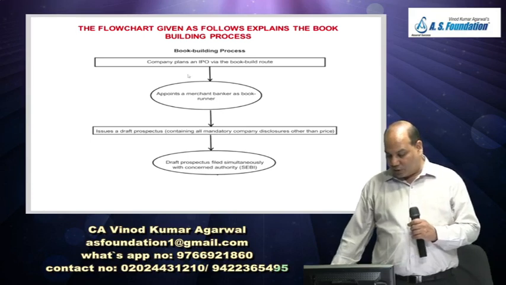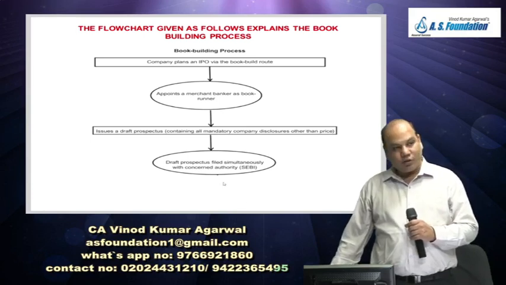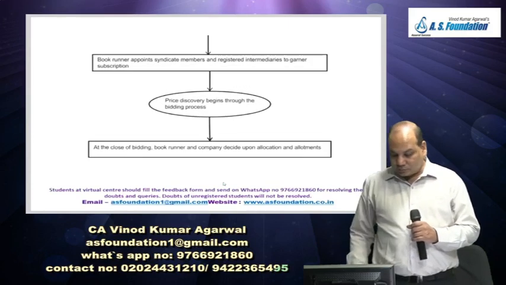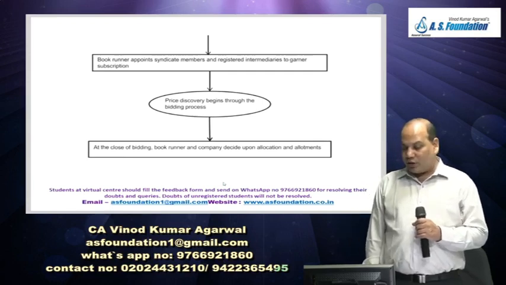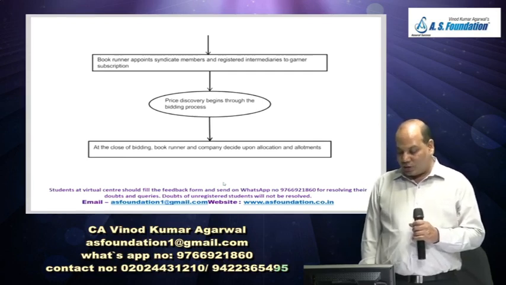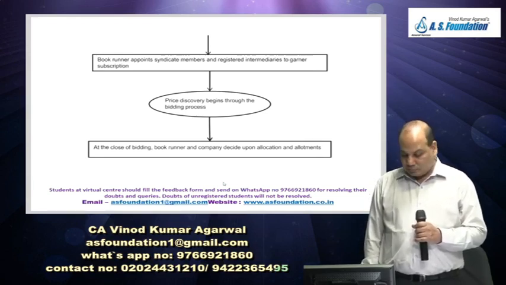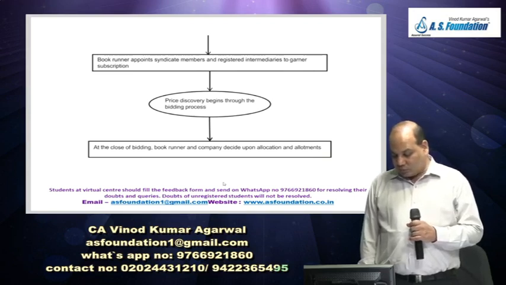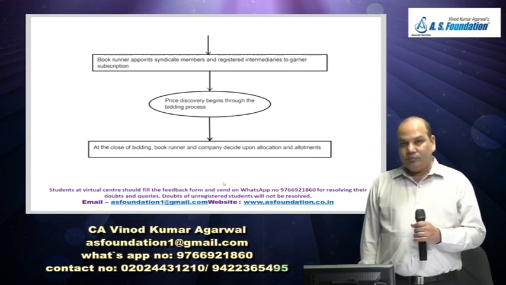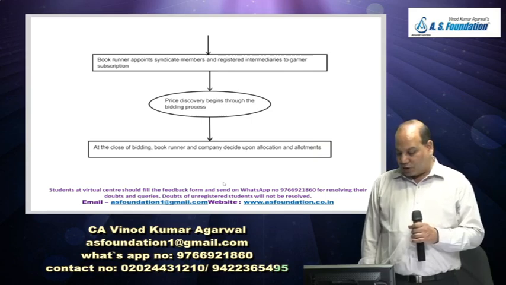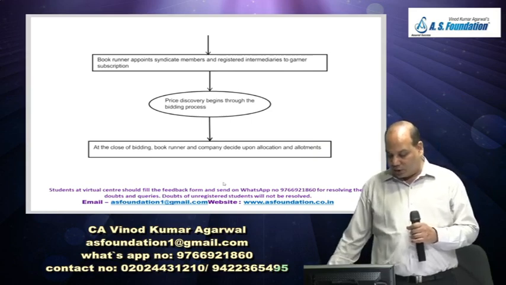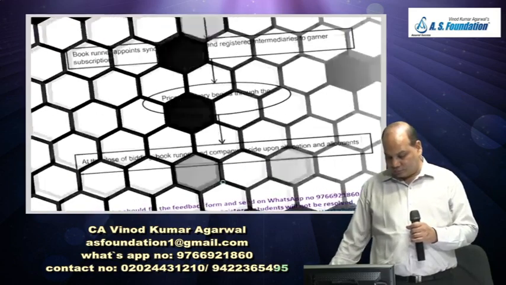Draft prospectus is filed simultaneously with the concerned authority like SEBI. Book runner appoints syndicate members and registered intermediaries to garner subscription. Price discovery begins through the bidding process. At the close of the bidding, the book runner and the company decide upon allotment and allocation.